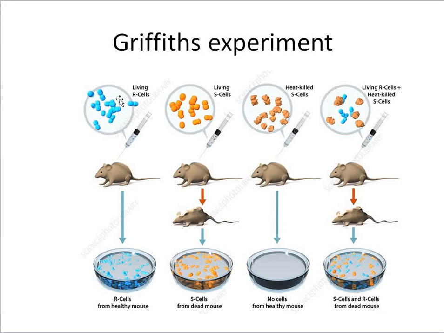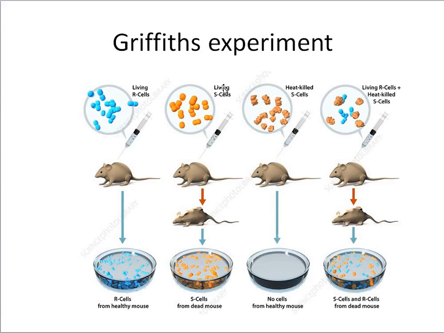These living R cells were injected into a healthy mouse. And it was seen that the mouse did not die, and he could isolate the R cells from the body of the mouse. They had replicated in the body of the mouse, but they did not cause the death of the mouse.